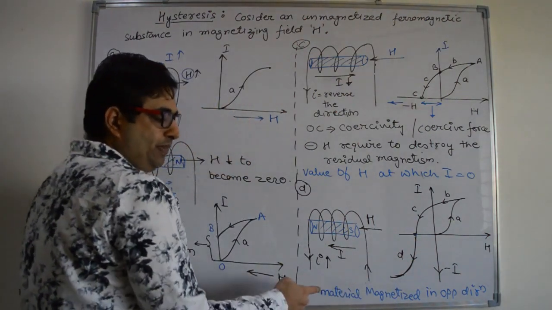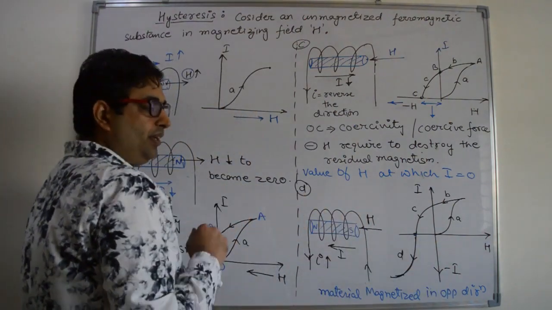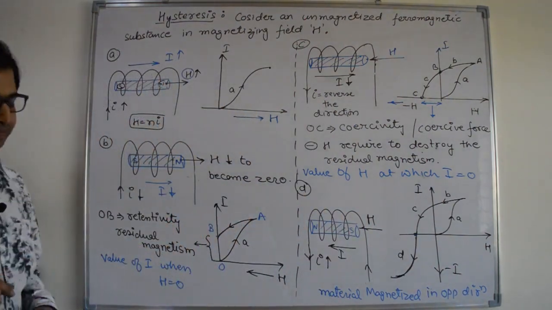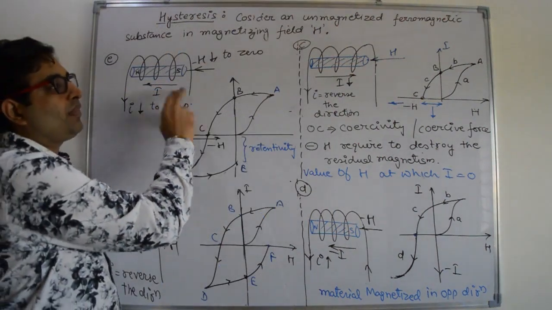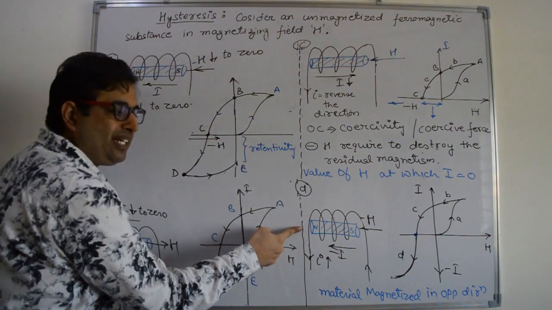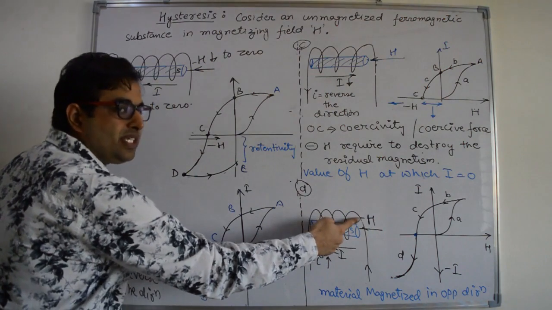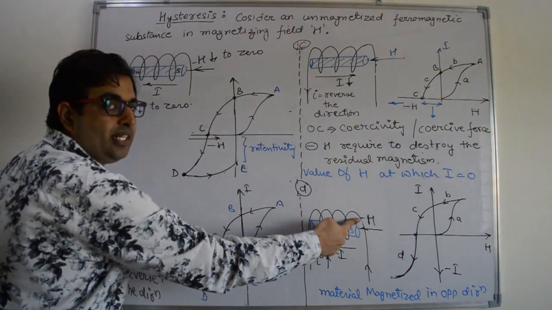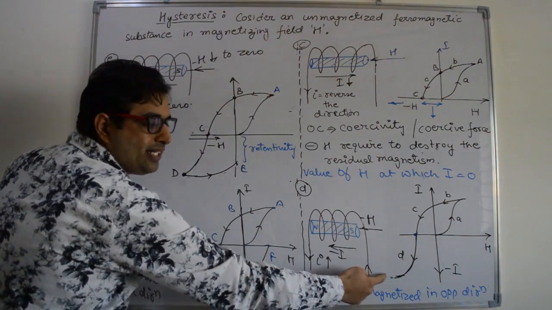Right? So the material magnetizes in the opposite direction in the fourth step. Before the next step, in the last step, the material was magnetized in the negative direction because of this negative value of external magnetizing field. Right? It gets saturated at this level.